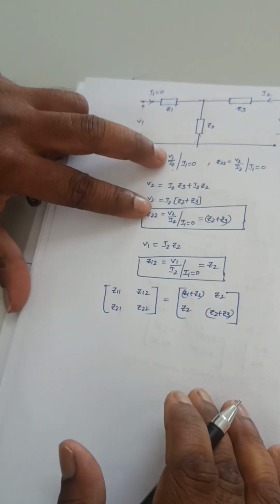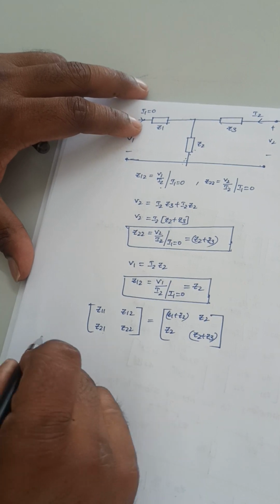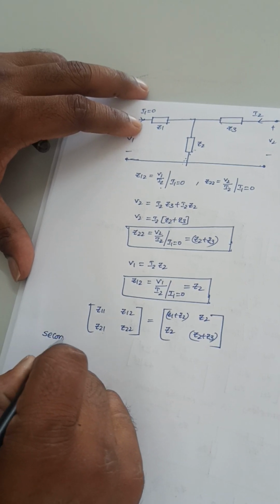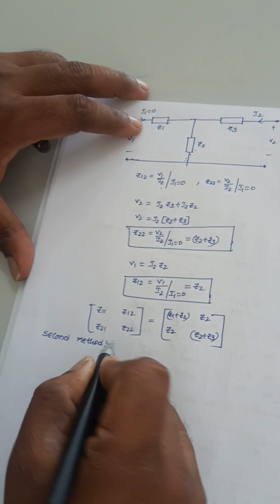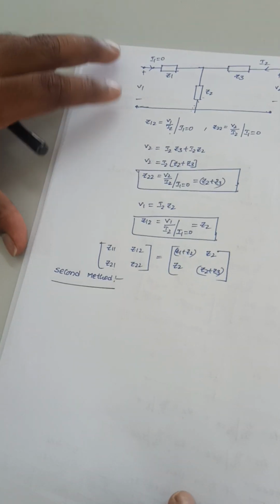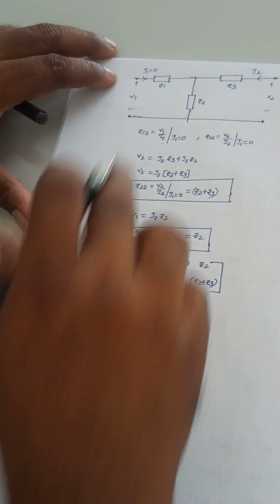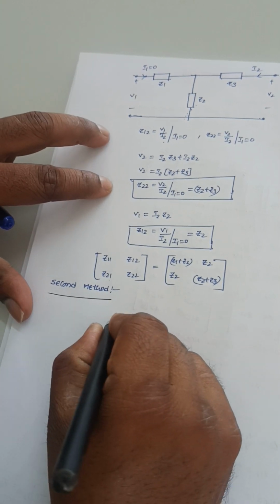And second method, normally the second methods are preferred to solve any problems. So let me explain the second method here. So in this second method, just draw the circuit. This is the circuit.